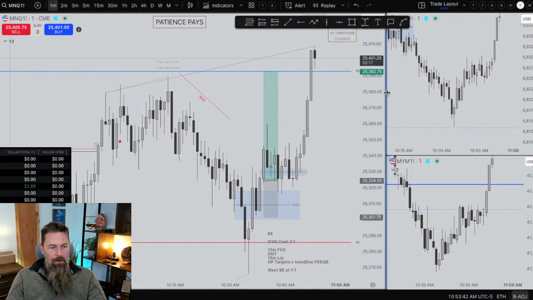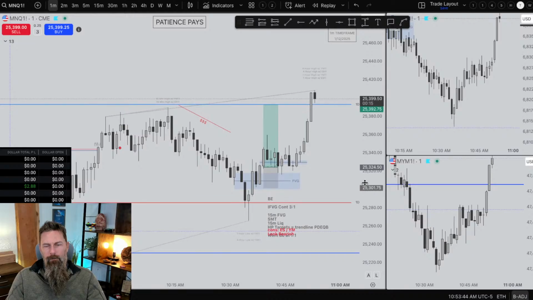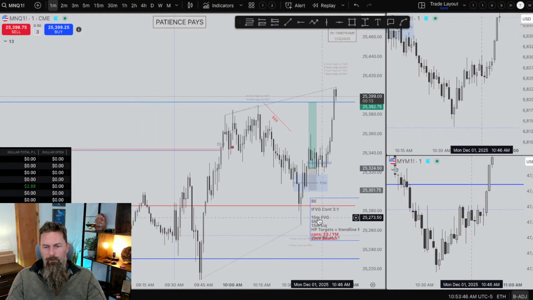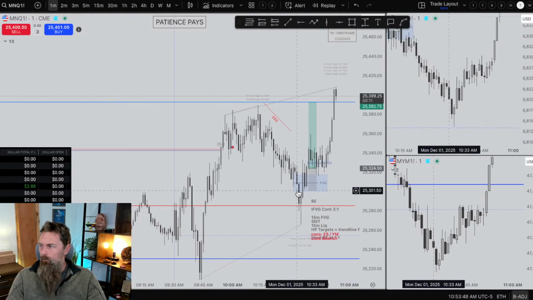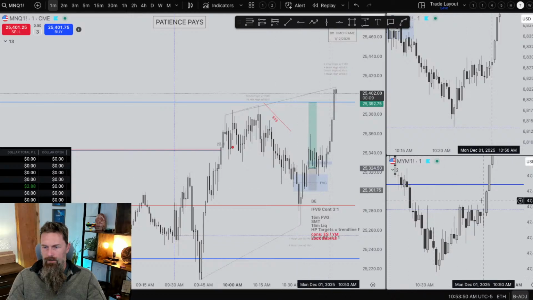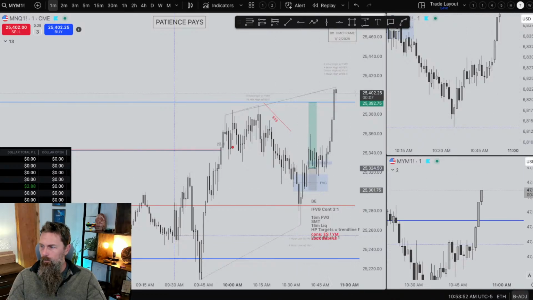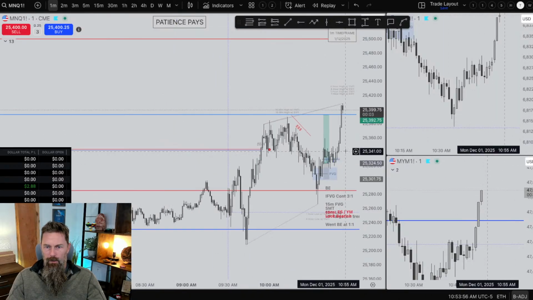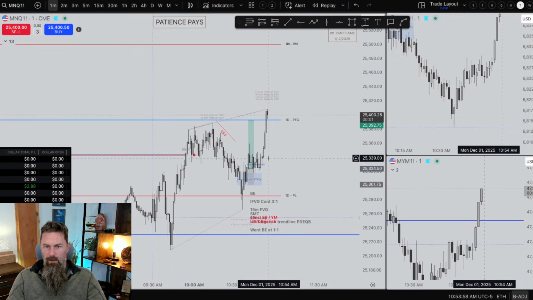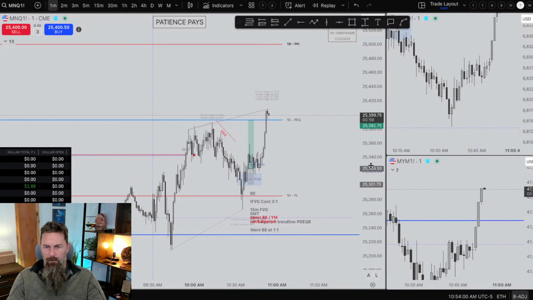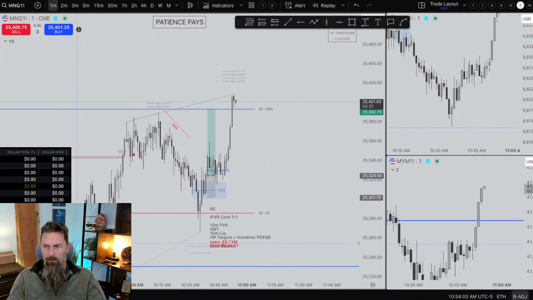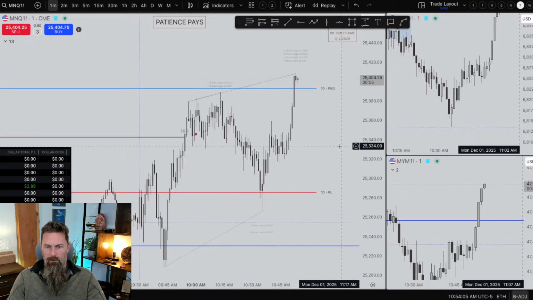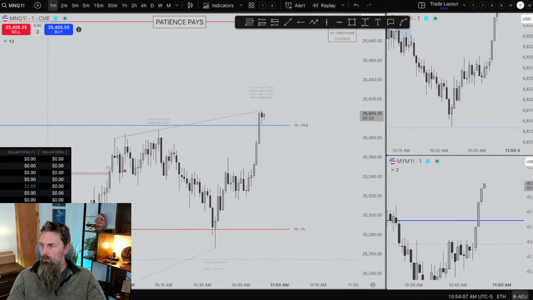So yeah, looking around at the chart, seeing if I see anything. I think this was the move. I don't think there's going to be another opportunity here. Could be wrong. At least for me.